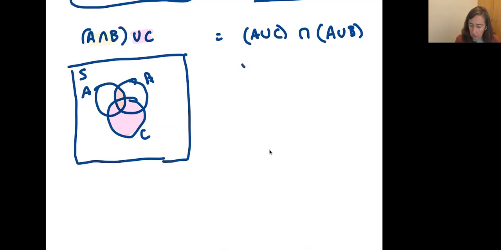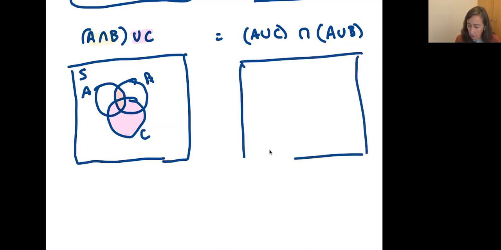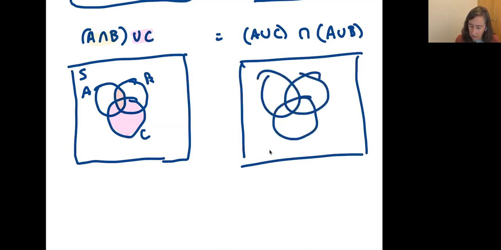Okay, so now if I do things in the other order here, sorry, my sets are getting a little bit messy here. A, B, C, this is my sample space. Starting with A union C, we'll make it pink, like this.